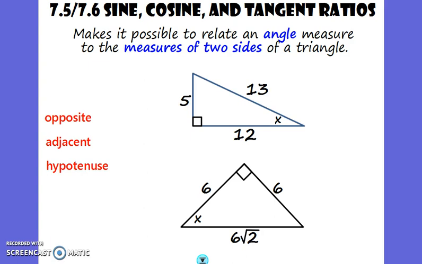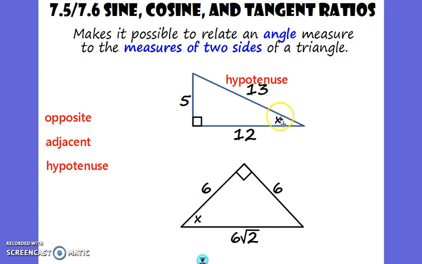A couple things that I need to get out of the way just so you're going to be able to follow me later: first, it's pretty important to know which angle you're talking about. We're relating a specific angle. It's going to be one of the acute angles. We aren't going to do this on the 90. So we're going to pick an acute angle, and once we know which angle we're thinking of, then we should be able to identify which side of the triangle is the hypotenuse.